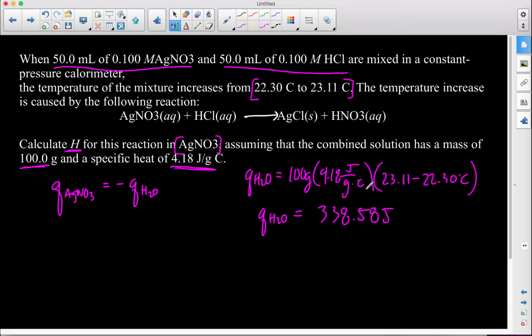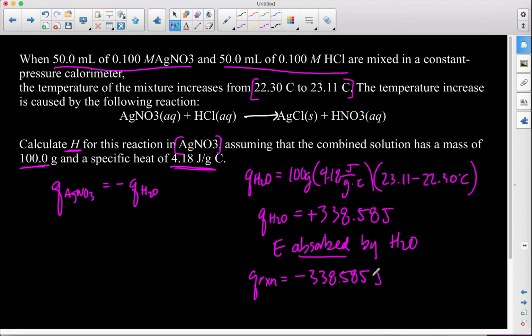joules, okay? And note that here, the answer is positive because the temperature of the water increased. Now going back over here, they're going to be opposite, which means that if this is the energy absorbed by water, because there's a positive sign here, therefore Q of my reaction is equal to negative 338.585 joules.